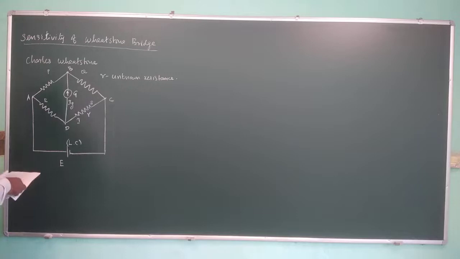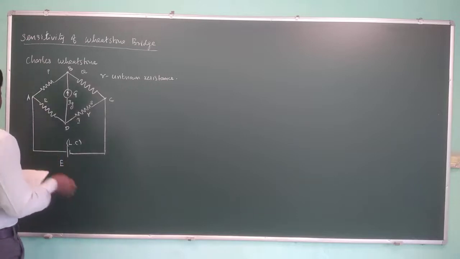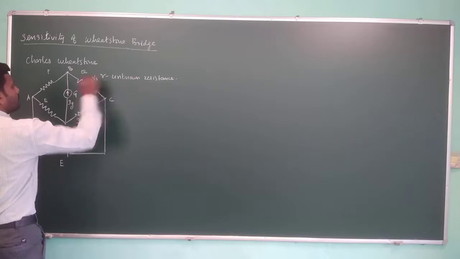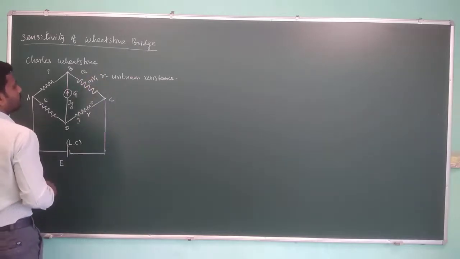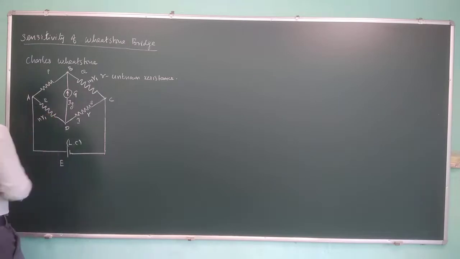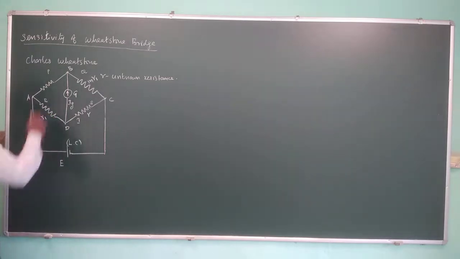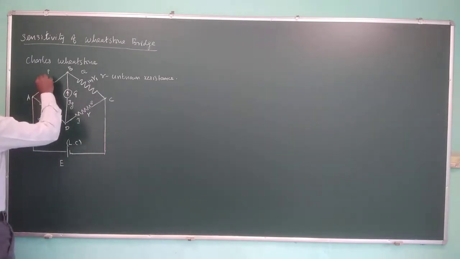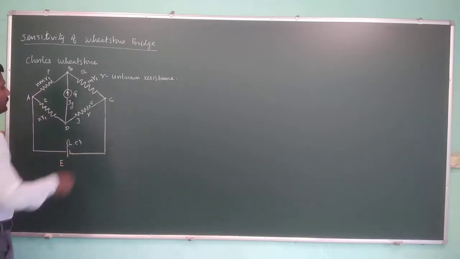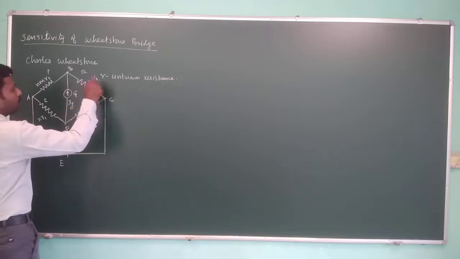Now let's consider this resistor as MR1, this resistor as NR1, and this resistor as NMR1. That is, R1 is a fixed resistance, for example, 10 ohms.